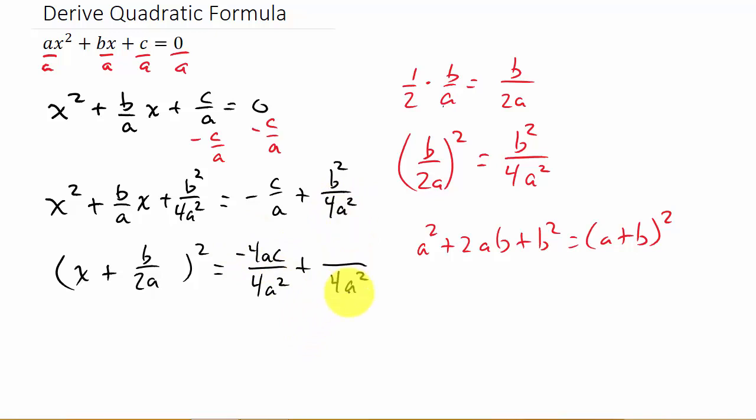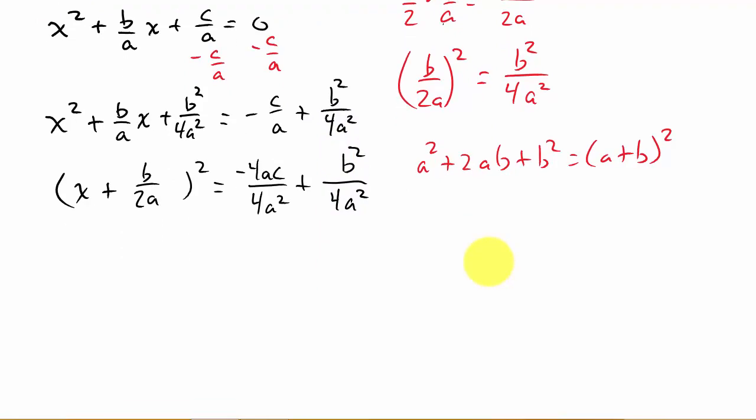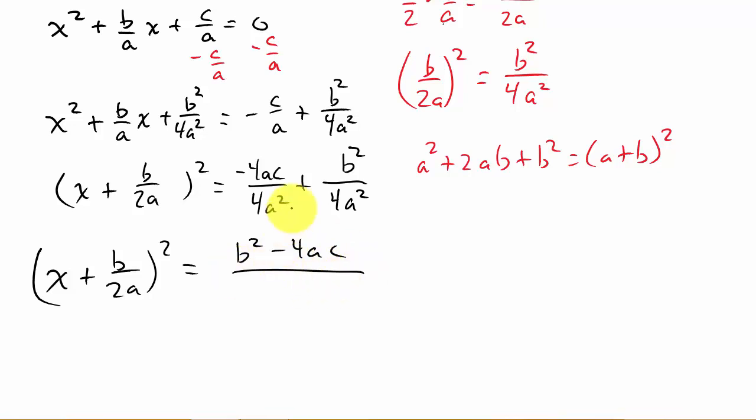And this, well, that is the common denominator, so this is b squared. Alright, now we combine the fractions over here on the right side. So that's going to give me b squared minus 4ac all over the common denominator.